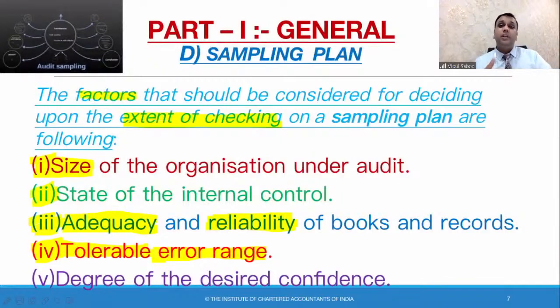For example, the auditor is checking the sales book, right? The audit team is checking the sales ledger or the sales book and finds that out of 1,000 invoices, 2 or 3 invoices in the sales ledger or sales file are missing. It is okay, it is fine, it is normal.